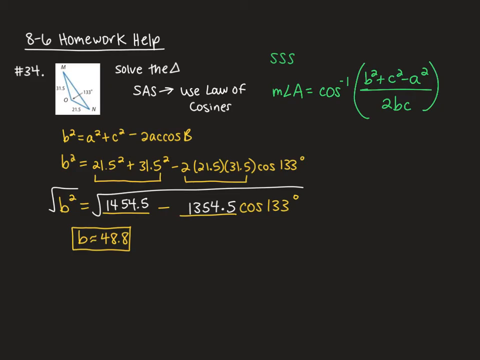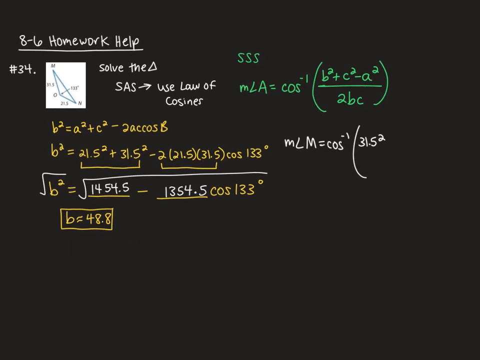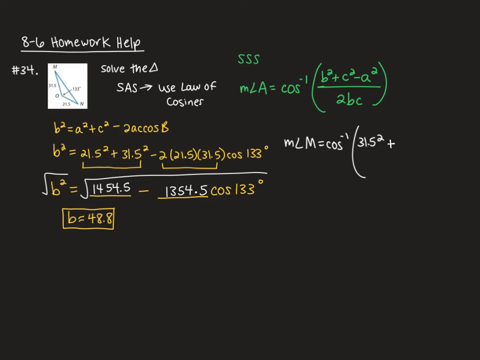So I'm going to go ahead and stick with writing the measure of angle. Instead of A, I'm going to write M is equal to the inverse cosine of, so we want the two sides not across from M, so that's going to be N and O. So N is 31.5 squared, and then plus O squared, so plus 48.8 squared, now minus the one across from A, or M, I'm sorry, which is 21.5 squared.